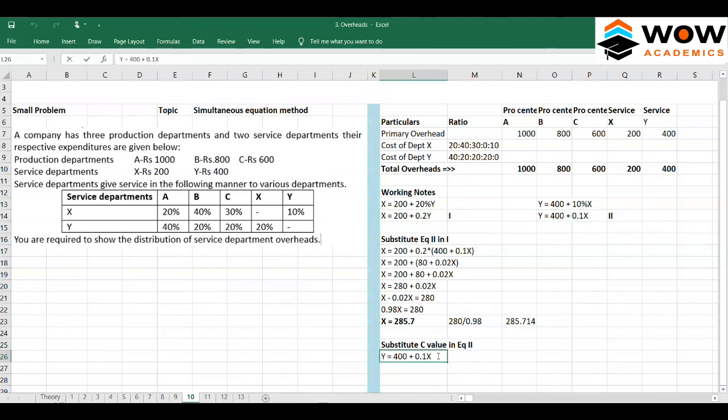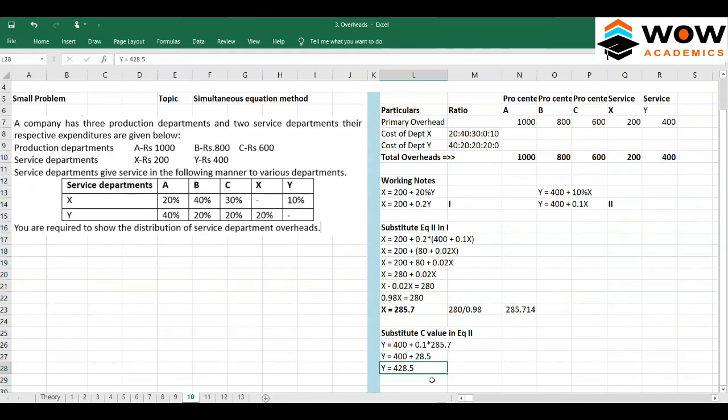So here we can substitute 285.7, and the value would become 28.5, and finally the value would be 428.5. So that's the value of y.